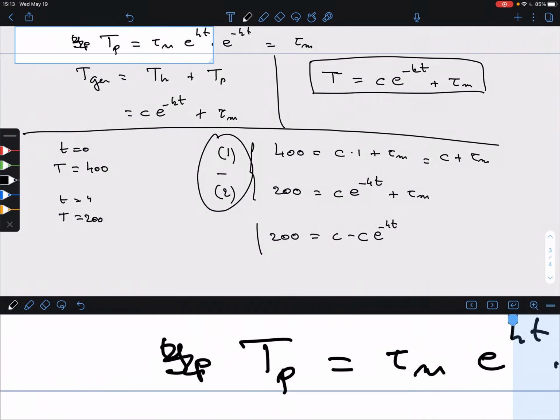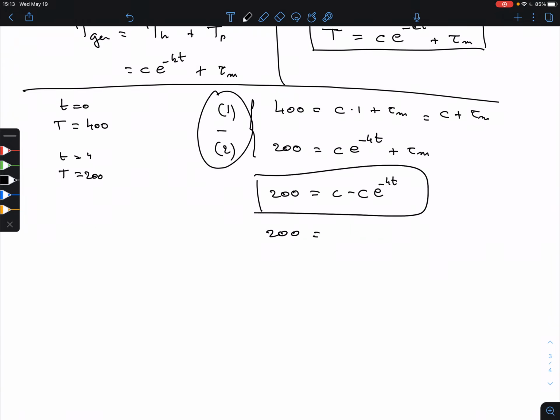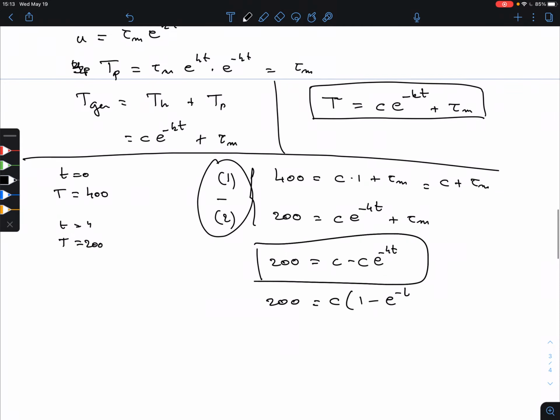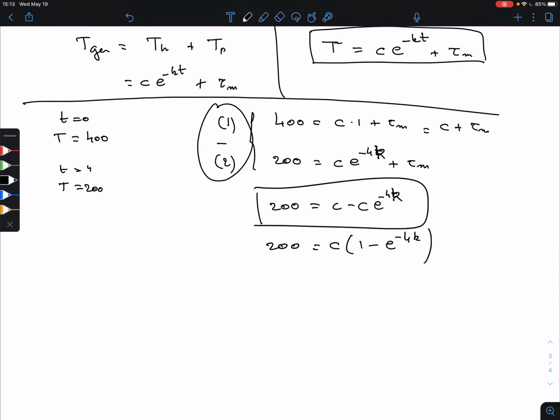So this is what I find, and so we see that 200 is C times 1 minus e^(-4k), right? Sorry, the t is 4, yeah, 4k. And so we have minus 4k here.